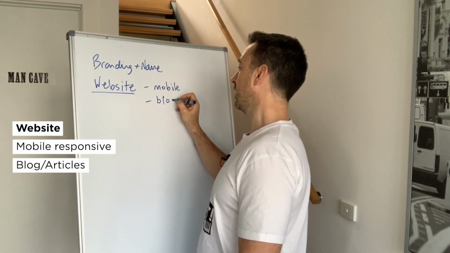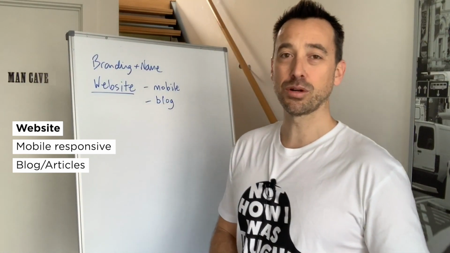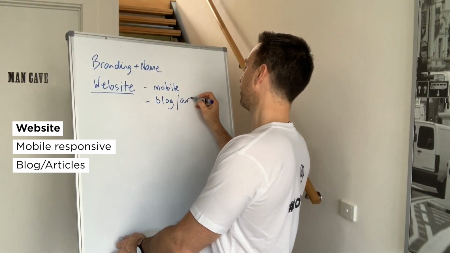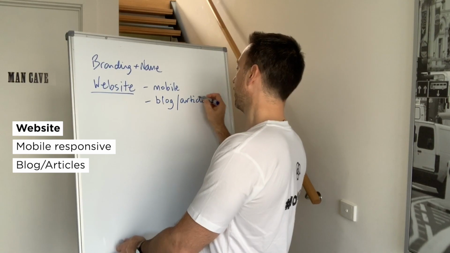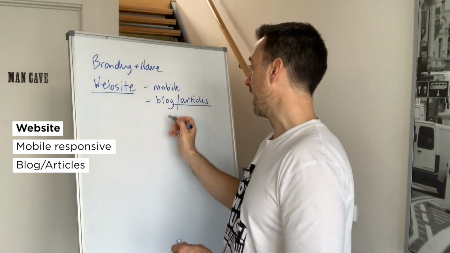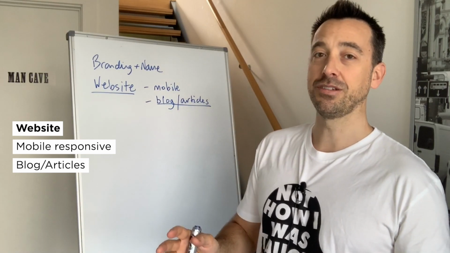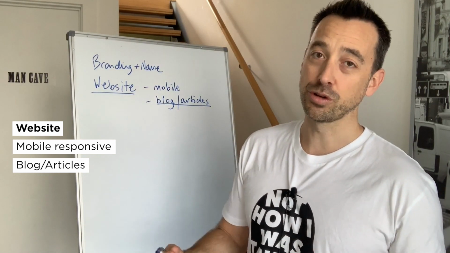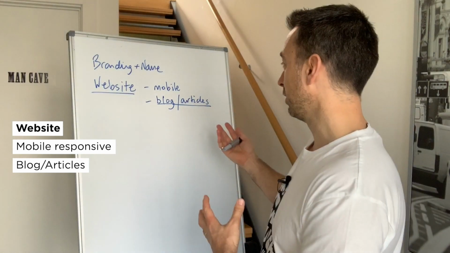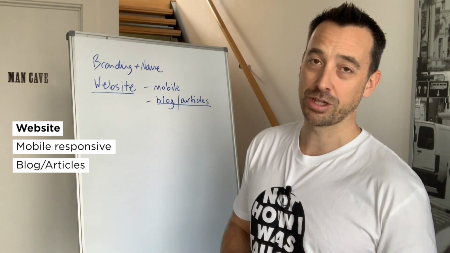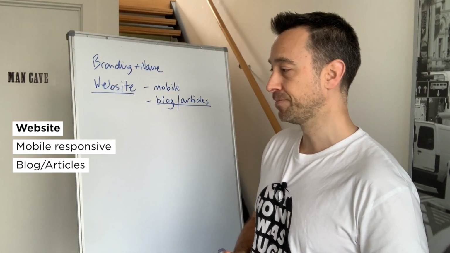It's a good idea to have some kind of blog or articles space. And the reason for that is that having a blog and articles allows you to do something called content marketing. And that means you can get some free marketing through Google and search by having some information online about what you do and what you specialize in. So that's an important factor as well.